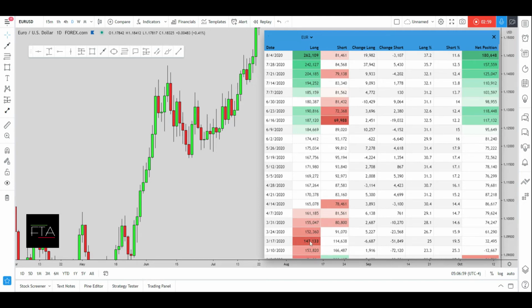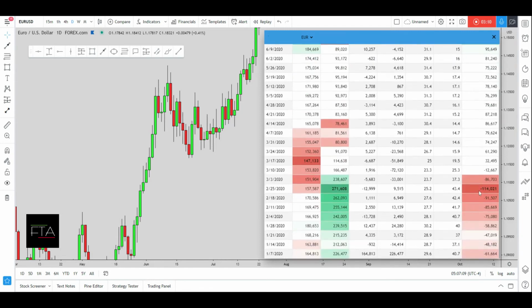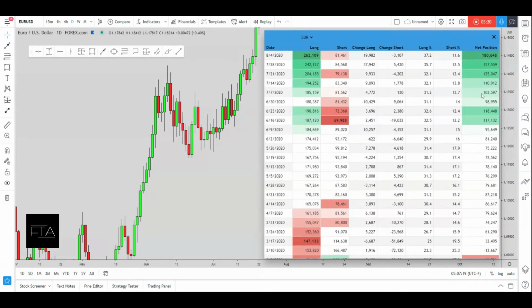We went from 147k longs all the way up to 262k longs, so basically almost doubling their long positions and bringing net positions from minus 114k, a situation with way more shorts than longs, with 271k shorts and 157k longs, to a situation where we now have way more longs than shorts with 180k net positions.